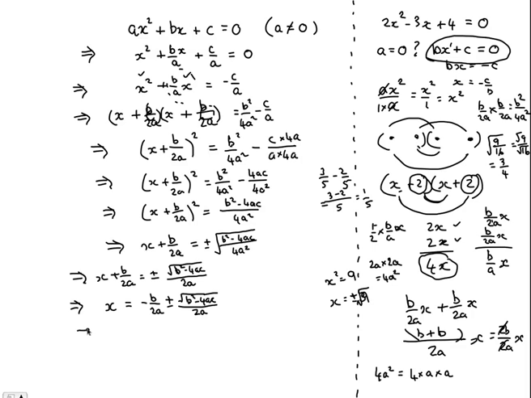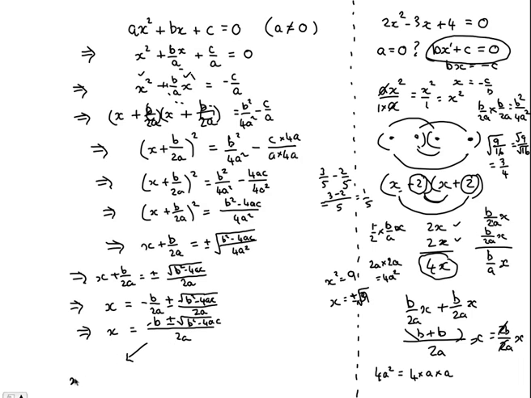And you'll notice now that both of these fractions have the same denominator, so we can say how many of these do we have. We've got minus b of them plus or minus the square root of b squared minus 4ac. And I suppose we're done. That is the quadratic formula. There are two values for x possible when we solve this general quadratic equation.